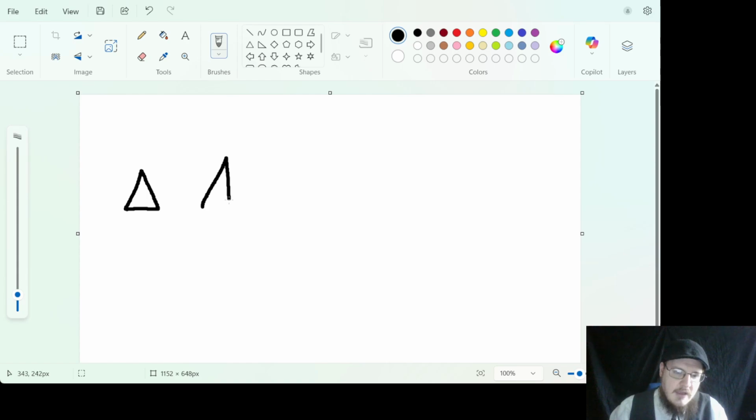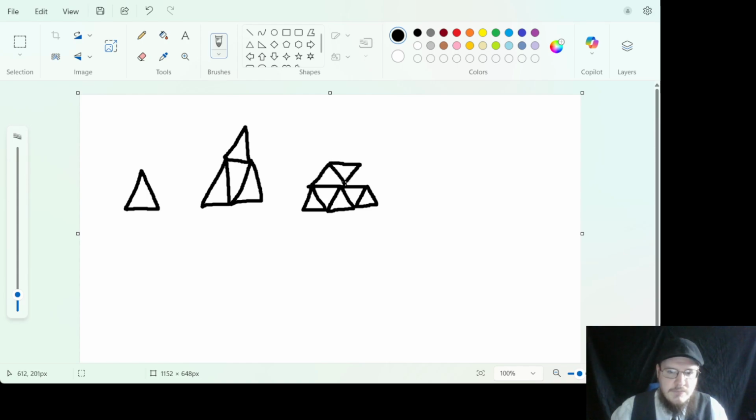Now let's say we've got triangle, triangle, triangle, and triangle. Triangle, triangle, triangle, triangle, triangle, bam, bam, bam, bam, expanding further onwards.